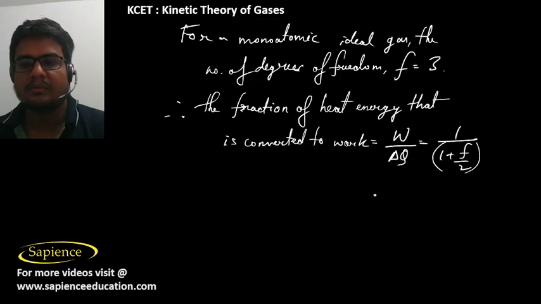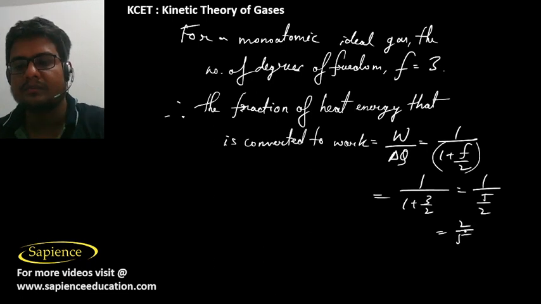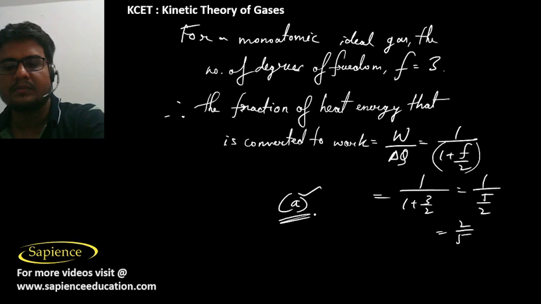So that will be equal to 1 by (1 plus 3 by 2), which is 1 by 5 by 2. So that is equal to 2 by 5. So option A is the correct answer.